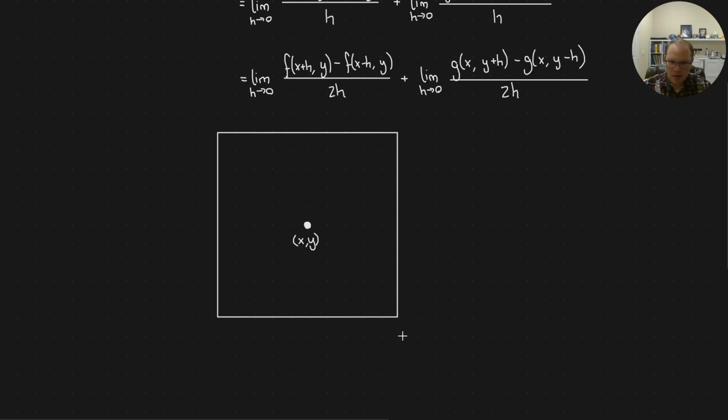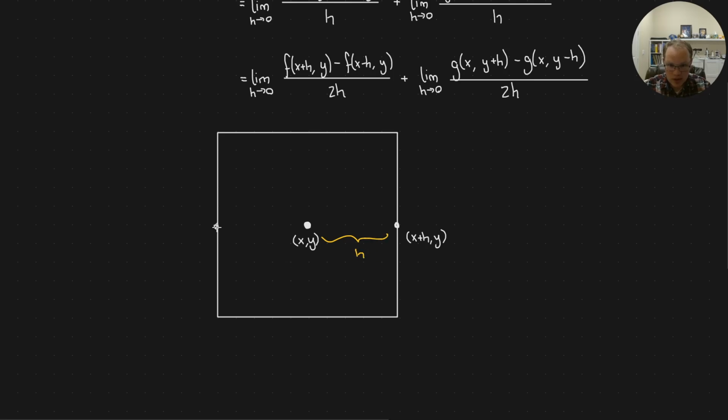The edge of this box is 2h, so from here to here is a distance h, which means this point here would be x plus h comma y, because I'm going a distance of h.